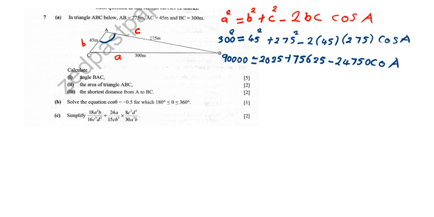So now it's just a matter of simplifying. So we write 90,000 is equal to. So we can add 5625 plus 75,625. So when we add those two, we are getting 81,250 minus 41,250 cos A, like that.